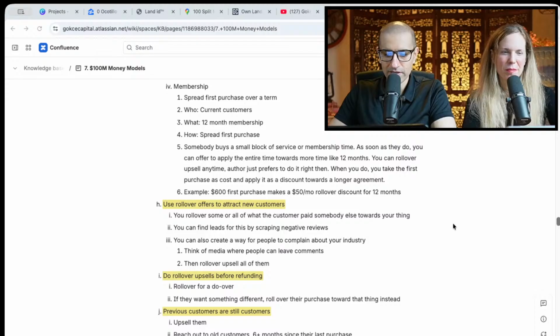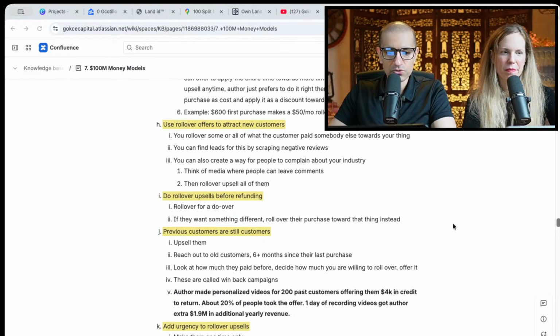Membership. Oh, we did this. Next: use rollover offers to attract new customers. You roll over some or all of what the customer paid toward your thing. This is like stealing customers. Oh, I see.